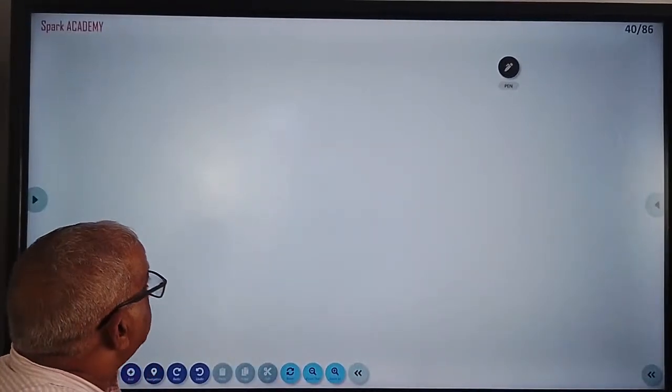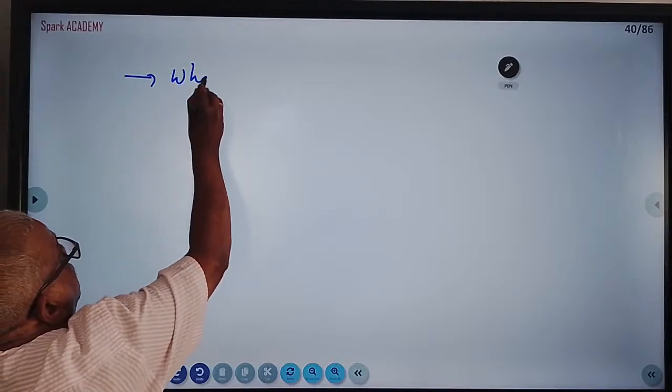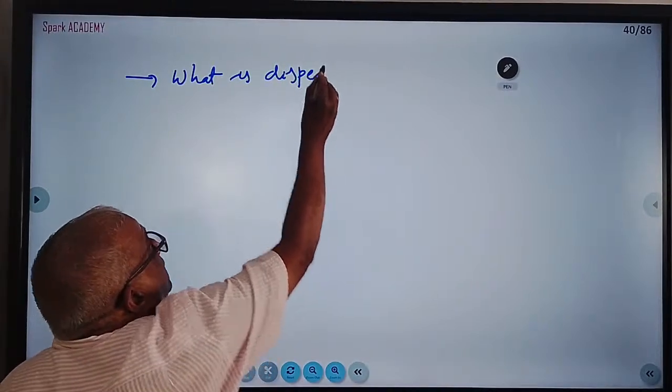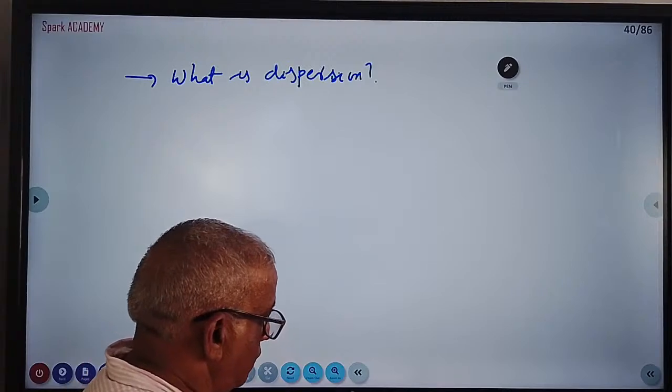So what is dispersion? Next question is a very important question. If you read these 5 questions, it is more than sufficient for ray optics. One question will come from ray optics. What is dispersion?